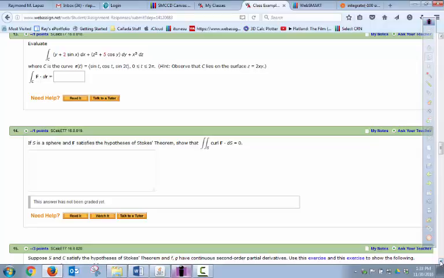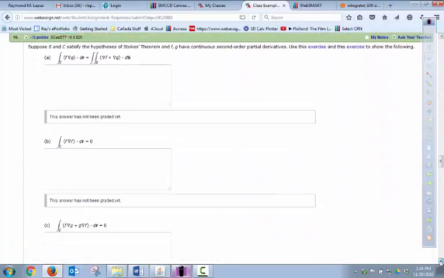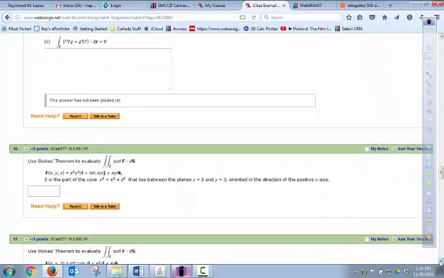Oh, maybe I'll have you guys do that instead. Just do a verify, so you do both a line integral and a flux integral.